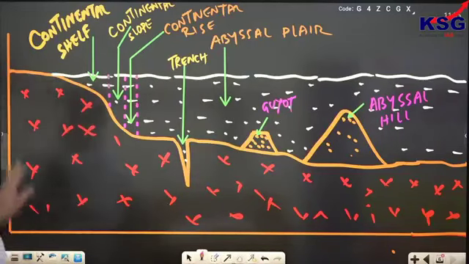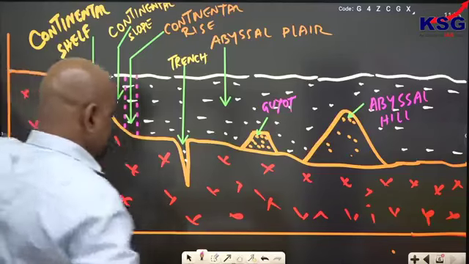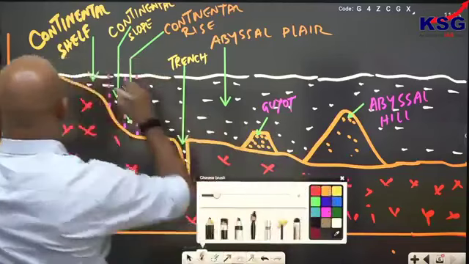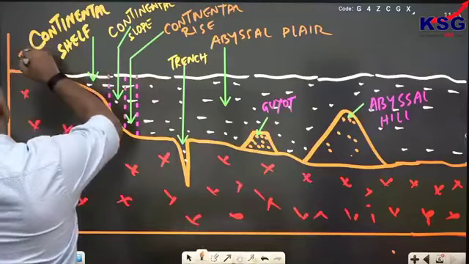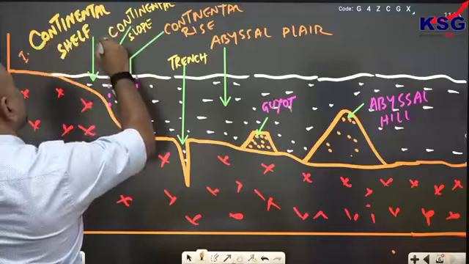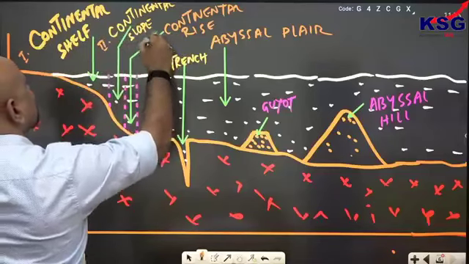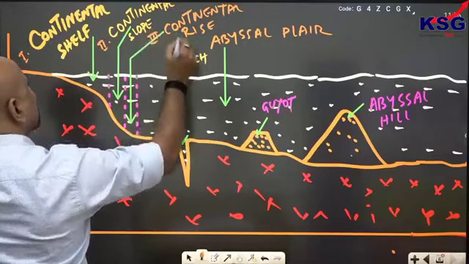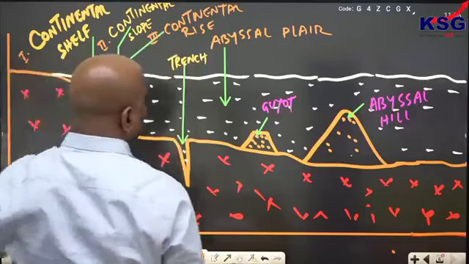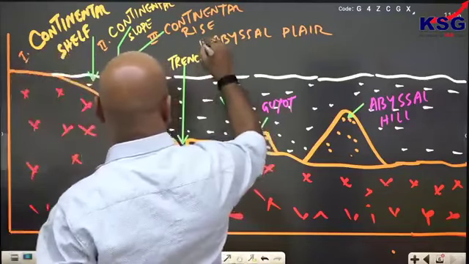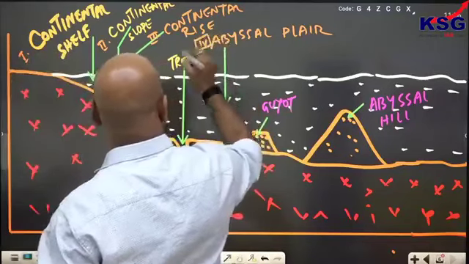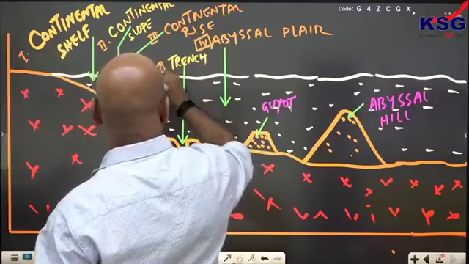If this is the ocean bottom surface, then as I said, here is the first one continental shelf, second continental slope, third continental rise, fourth abyssal plain, fifth is the trench.